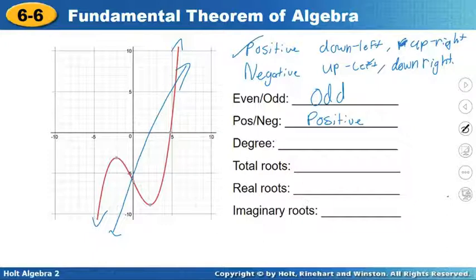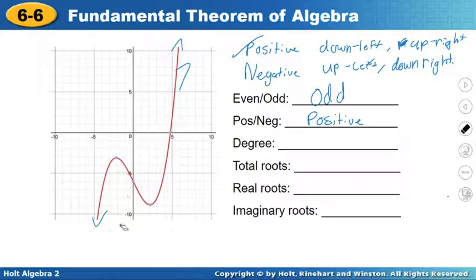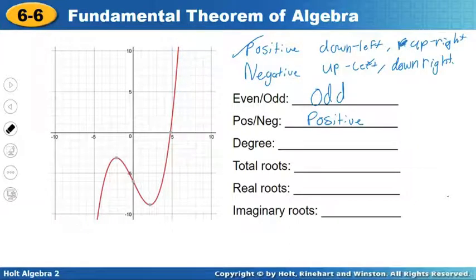Now degree. Remember, with degree you're technically making a guess, because it's kind of impossible to say the degree exactly. We know it's an odd degree, that's a guarantee, but sometimes we'll say it's at least a third degree, or cubic function, just based on the fact that it has those two major curves. So we talked about looking at the degree based on the number of curves.